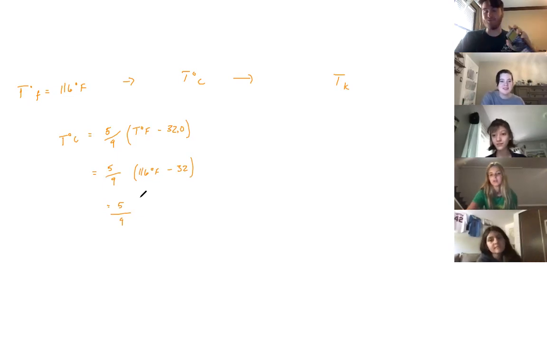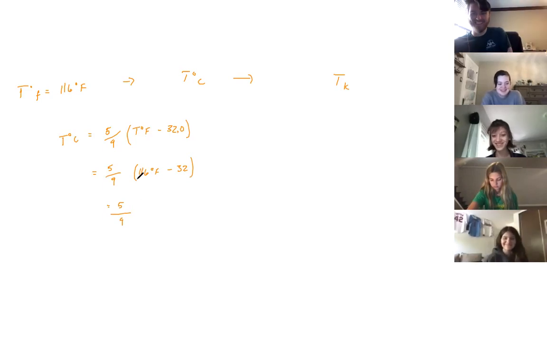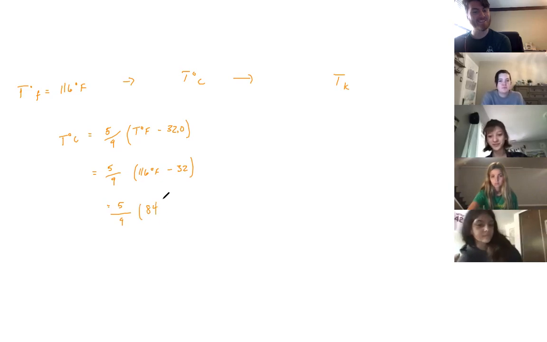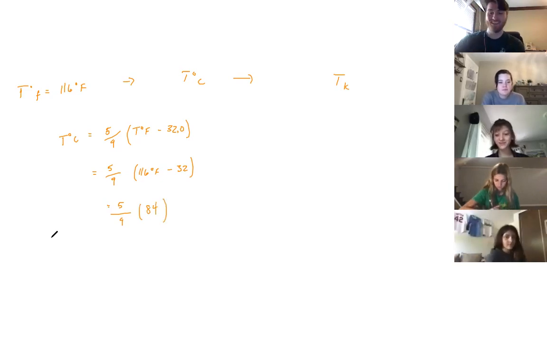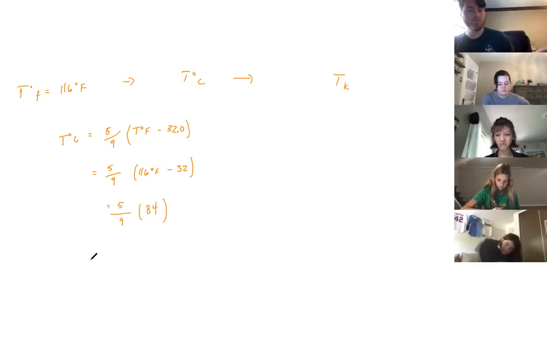It is 84. Multiplied by 84. So now let's just do 84 times 5 is 420 divided by 9 is 46.6 repeating. So we get a value of 46.6 repeating.